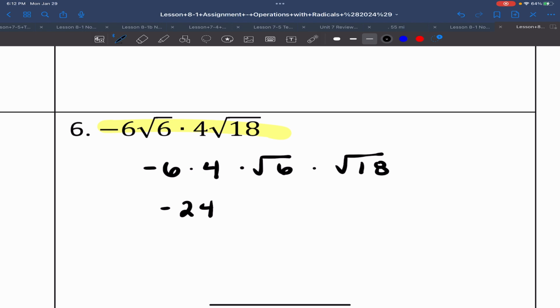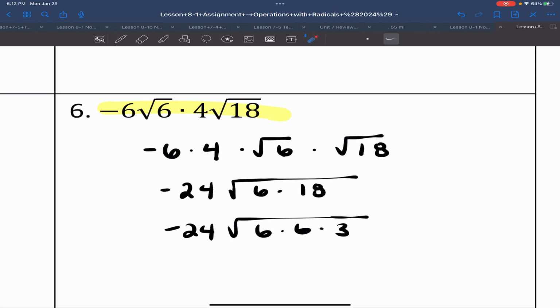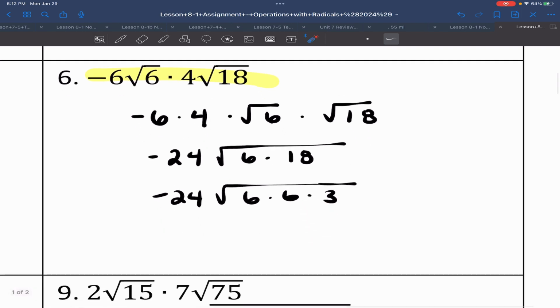And then I got the square root of 6 times 18, which I'm going to rewrite 18 as 6 times 6 times 3, because if I break down 18, it's 6 and 3.